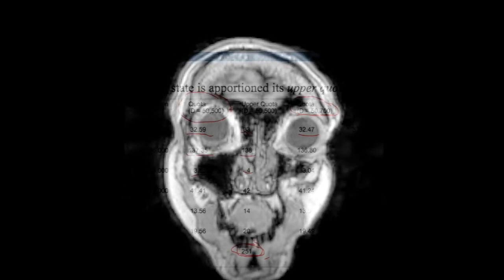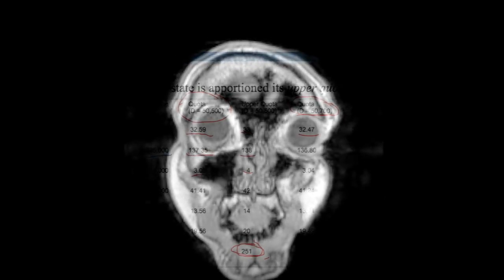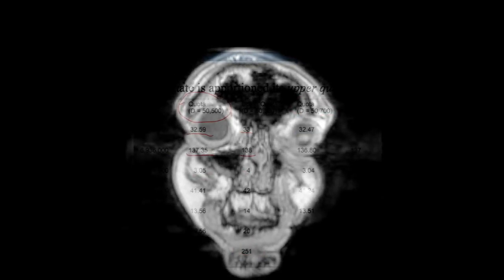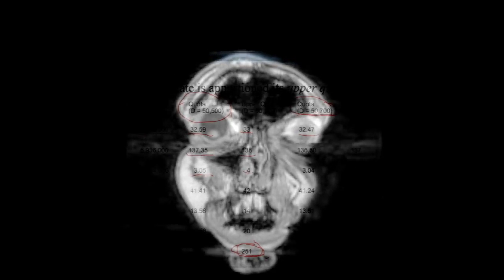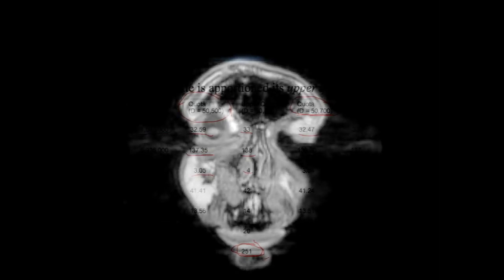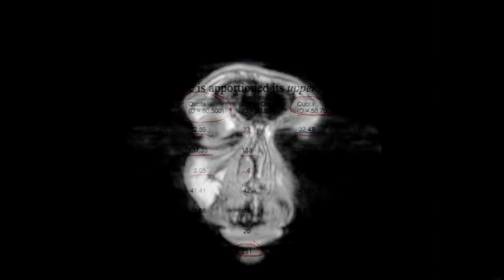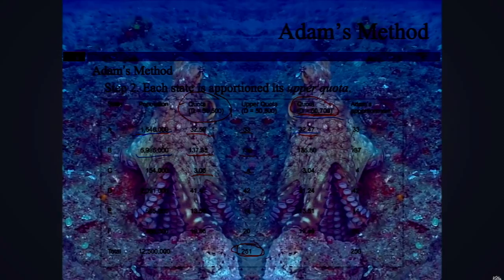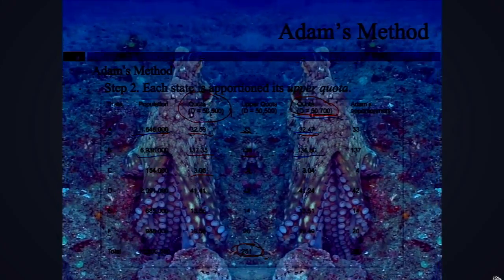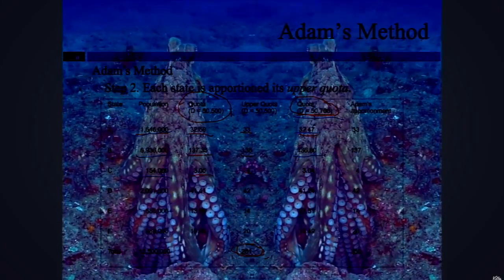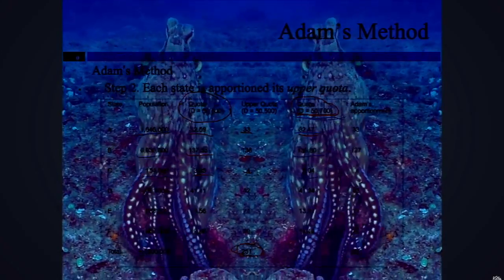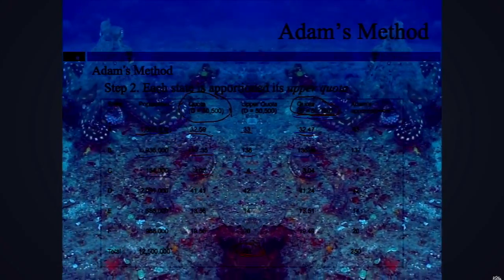Next we have 6,936,000. We're going to divide that by 50,700 to get 136.8. And so on and so forth. This divided by this will give us 3.04. And after we get all these, we're going to round all these up.